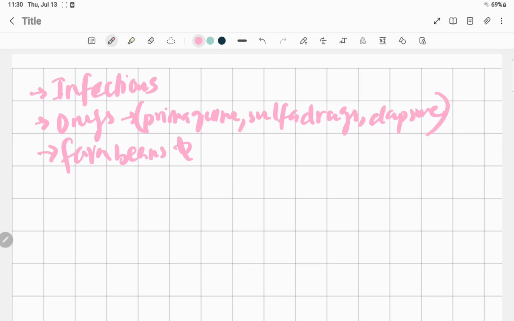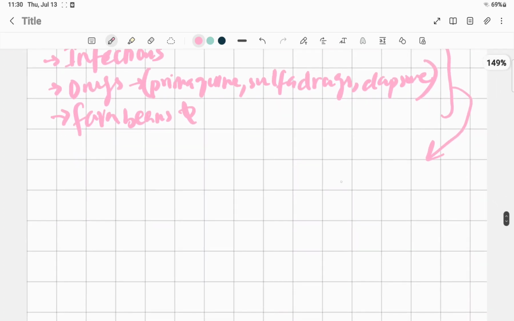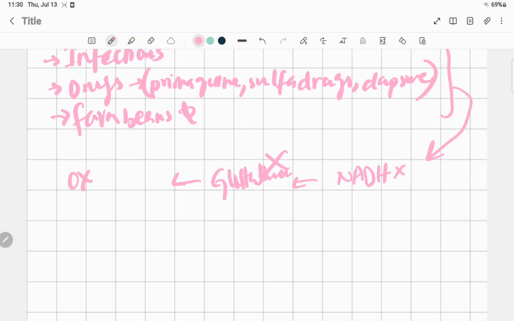In any of these cases, a patient with G6PD deficiency will not be able to have NADPH, and when it has no NADPH, glutathione will not work, and this will cause oxidative stress.